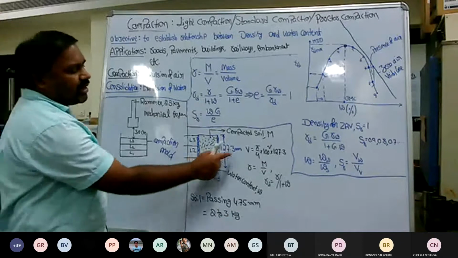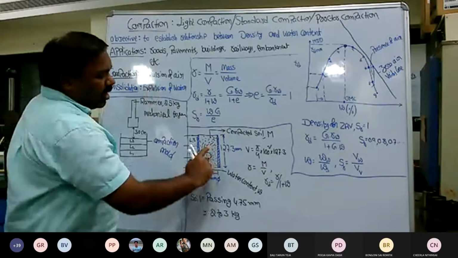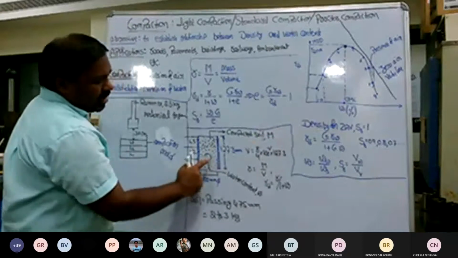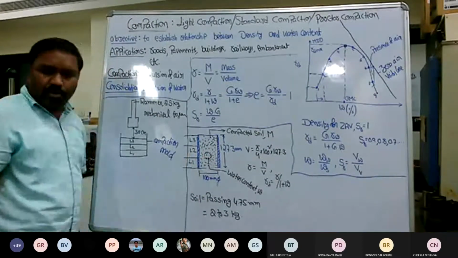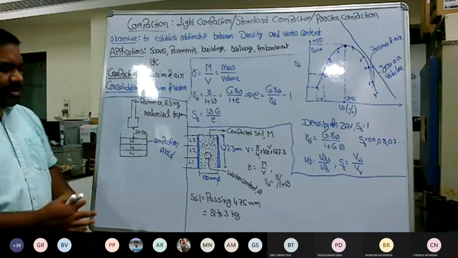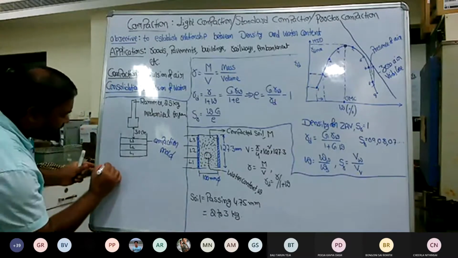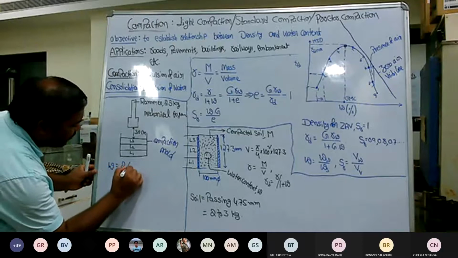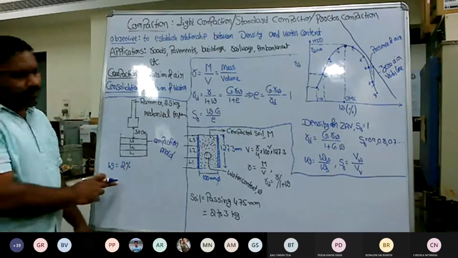Now I have already calculated the volume. Now I need to arrive at the soil mass which is compacted inside the mold. For that purpose I have already taken a soil mass of 2 to 3 kg. Initially I will take approximately 2% water content, a theoretical value.